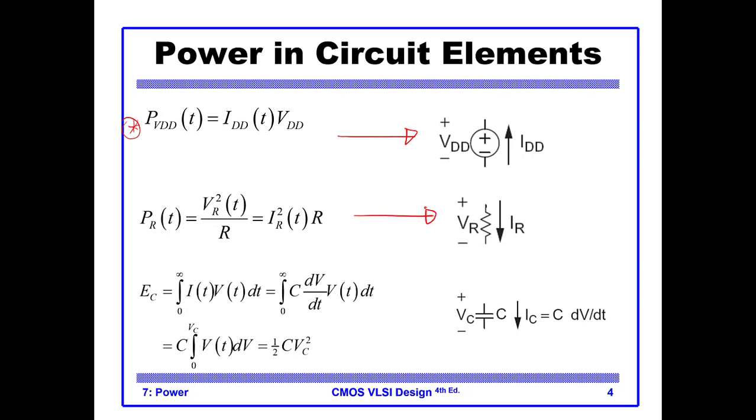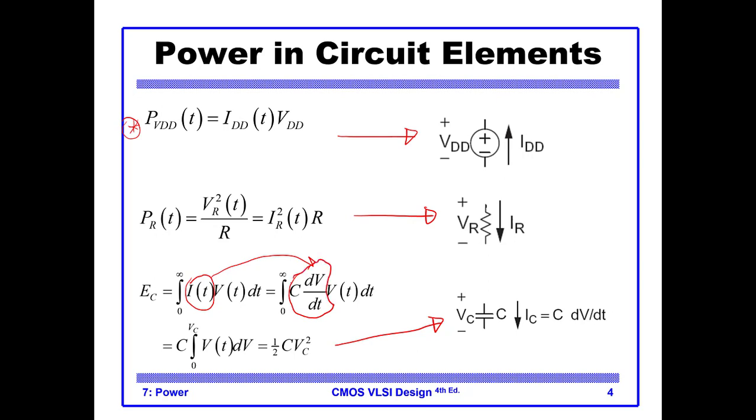While for a resistor you can write that PR of t is equal to V squared R of t divided by R, or I squared R of t times R. So you know all these equations. And also for a capacitor you can write the power as i(t) times v(t), and then you can replace the current.